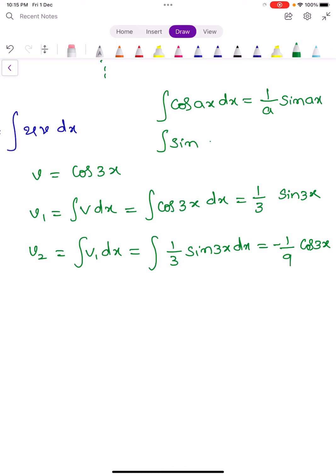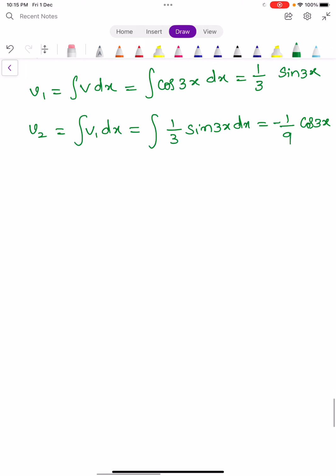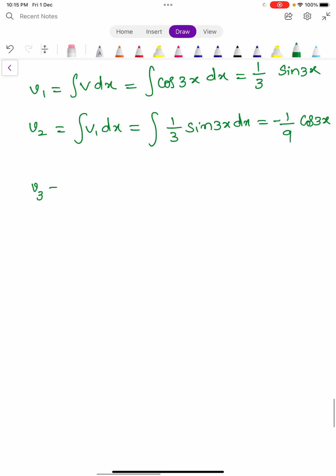Integral sine ax dx is equals to minus 1 by a cos ax. Remember the formulas. Now we go for v3. v3 is equals to integral v2 dx, which is integral minus 1 by 9 cos 3x dx. So it is very simple, minus 1 by 27 sine 3x.